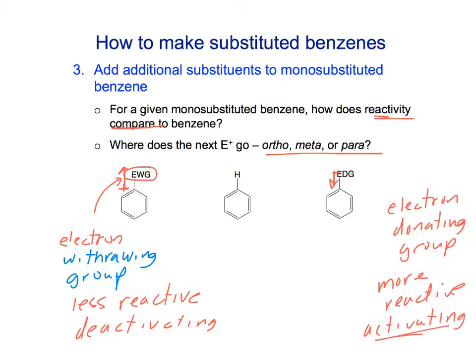Okay, so these are all relative to benzene, which is in the middle. So what we have to do is be able to look at various substituents and decide or determine whether they are electron donating groups or electron withdrawing groups.